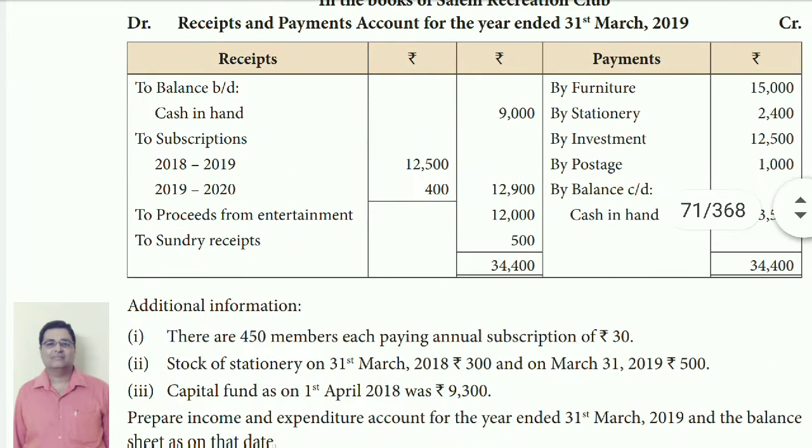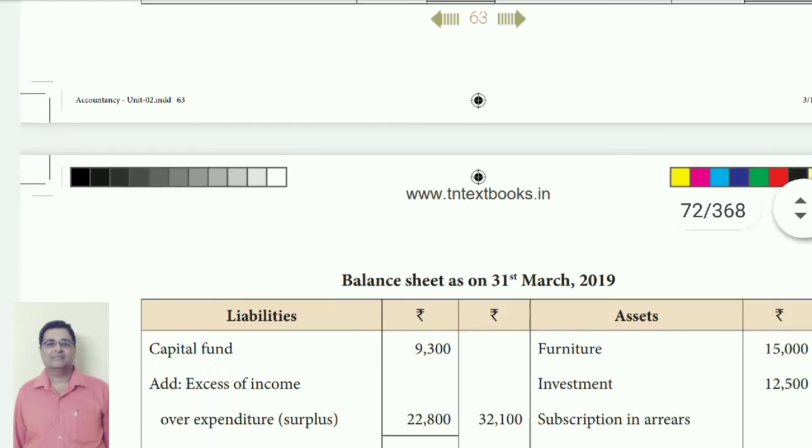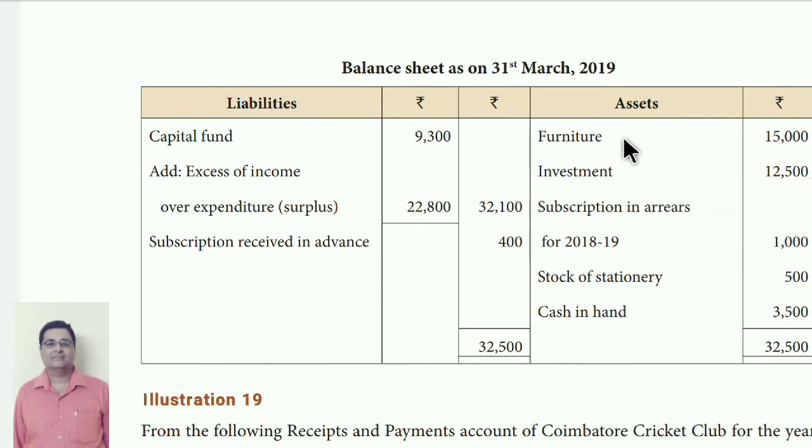Next one, payment side. Furniture we have to write on the asset side. Stationery we already did. Investment is also an asset. Now see it, furniture and investment, 15,000 and 12,500, we have to write on the asset side.